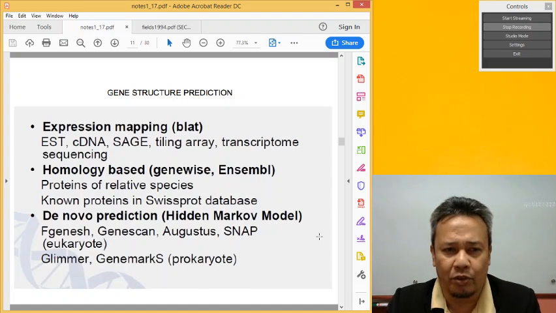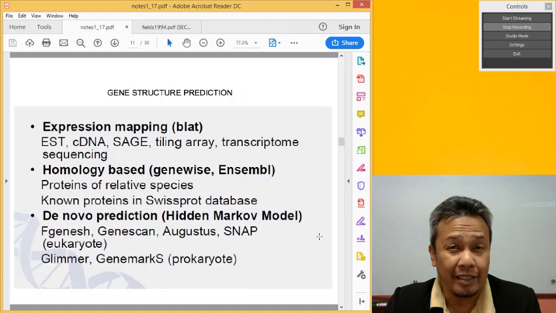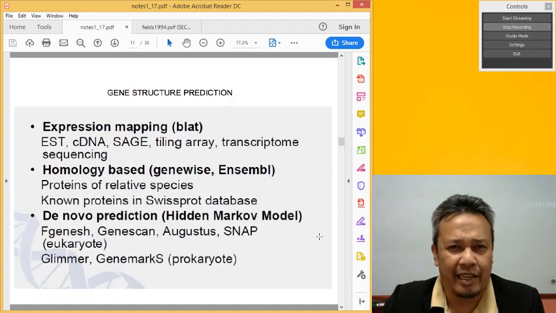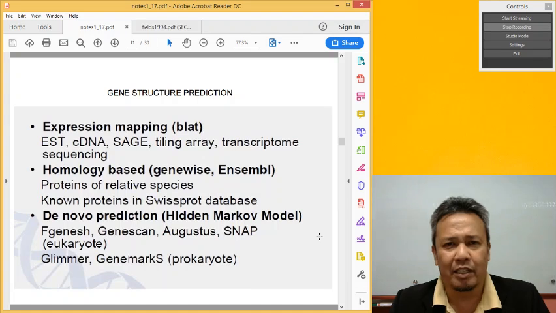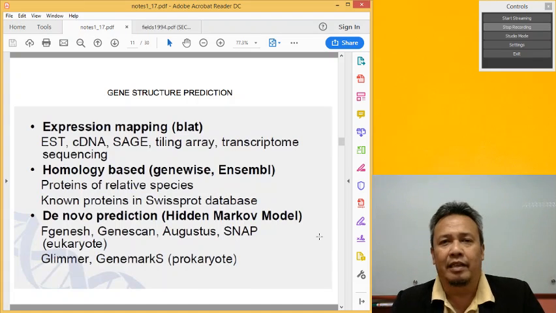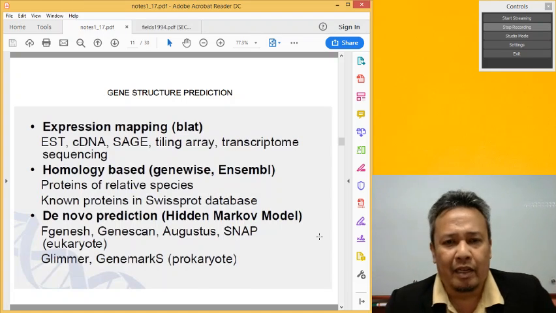One is, of course, you use ESTs. Remember what I mentioned about ESTs? ESTs are expressed sequence tags. They come from cDNA. So if you have a particular sequence and you compare it against a database using BLAST, it'll say it's an indication that what you have is a gene.